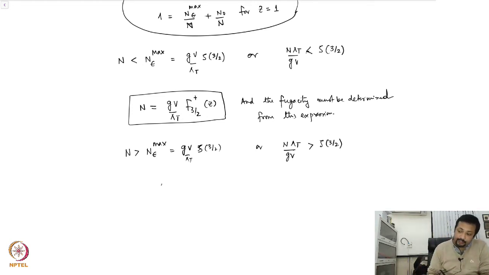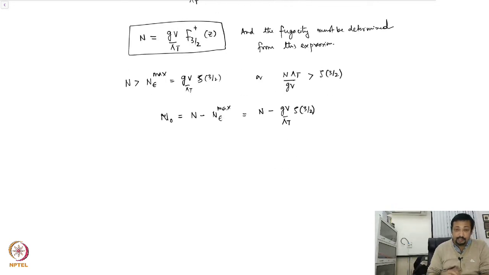Therefore, in that case, your N_0 is given by N minus N_epsilon max, which is N minus GV over lambda_T zeta 3/2.